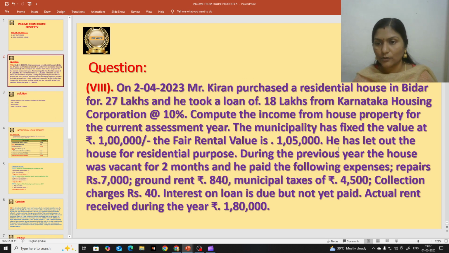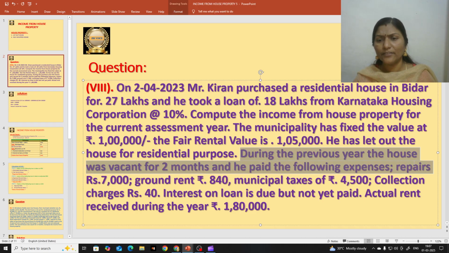Let us discuss the question again. And next, during the previous year the house was vacant for 2 months. And next, he paid the following expenses. The owner, the assessee, pays different kinds of expenditure, but we are not bothered about all those. We must take into account only municipal taxes and interest on loan.